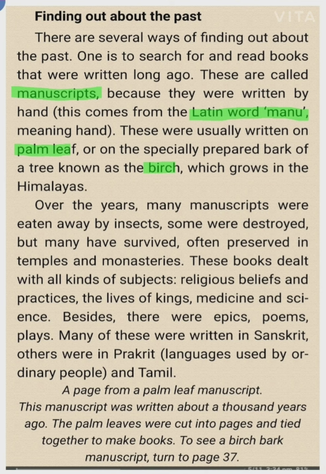Many of these were written in Sanskrit and others in Prakrit and Tamil. So the plays, epics, poems and manuscripts were mainly written in Sanskrit and some were written in Prakrit and Tamil. As you can see, it is mentioned that Prakrit is a language used by ordinary people. In the Vedic period, thousands of years ago, Sanskrit was the language of a privileged section.